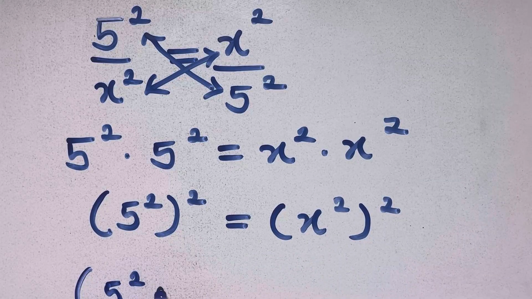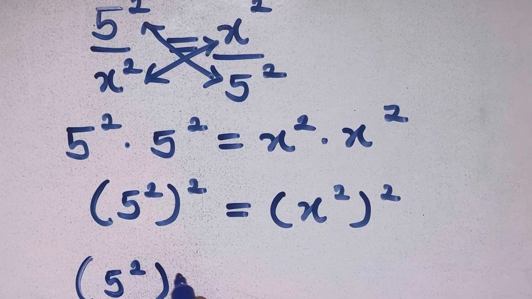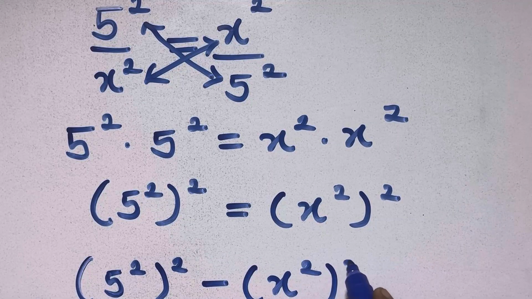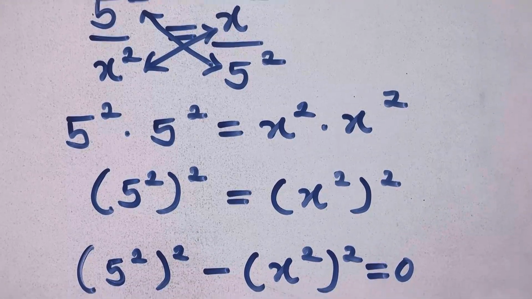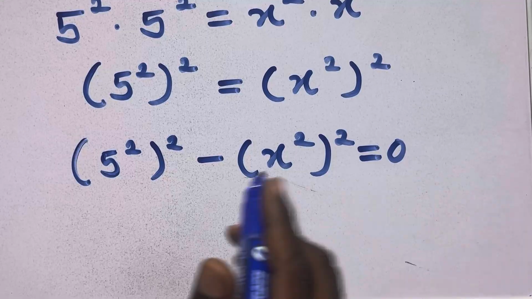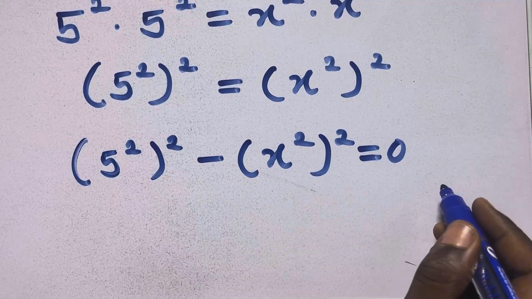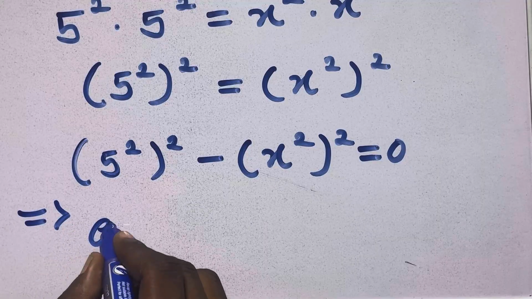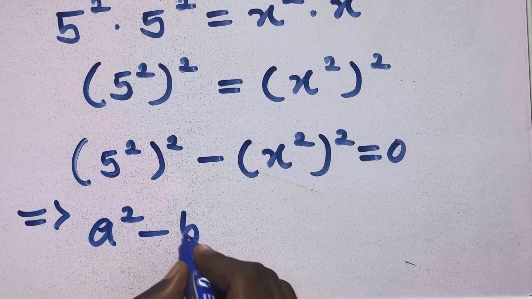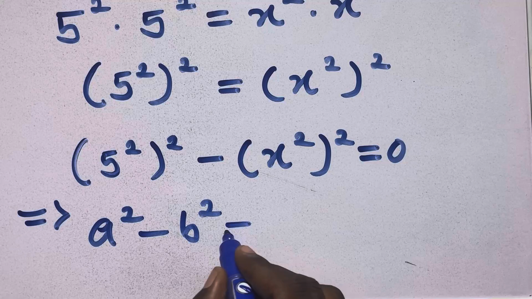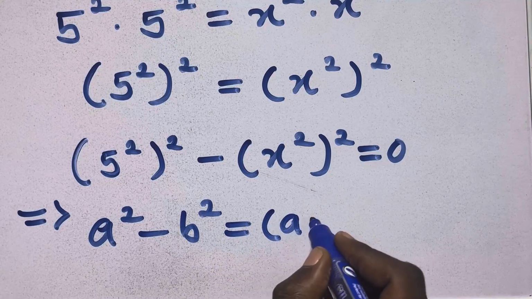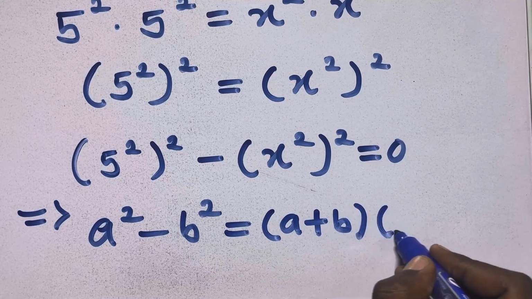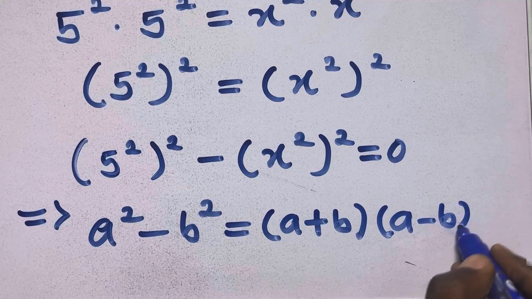So we'll have 5 squared squared minus x squared squared equals 0. If you look at the expression we have here, you will see that we have a difference of two squares. If you recall, an expression of a squared minus b squared is equal to a plus b multiplied by a minus b.